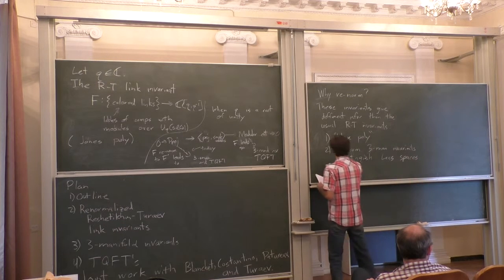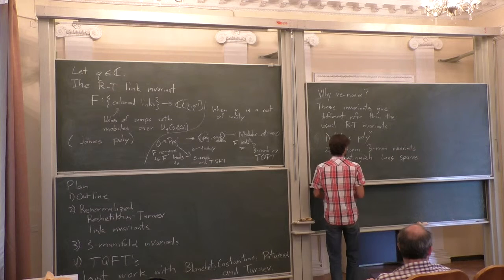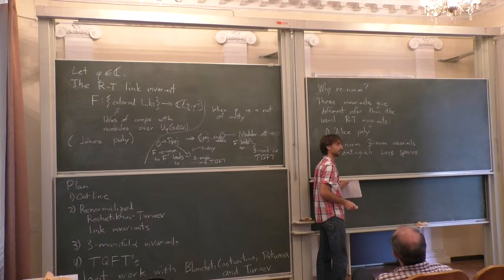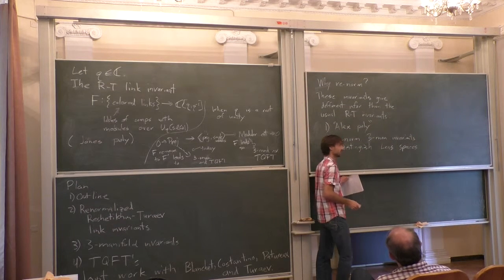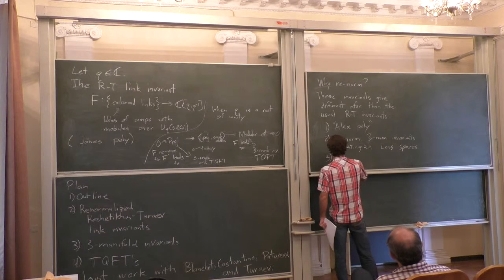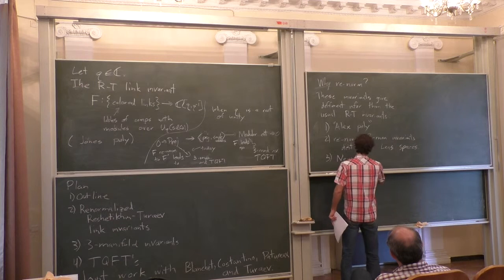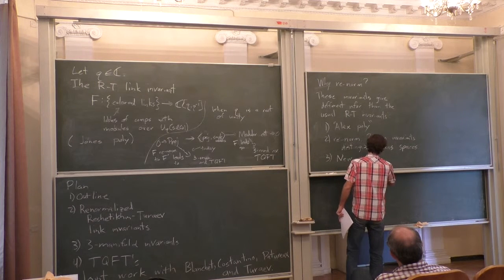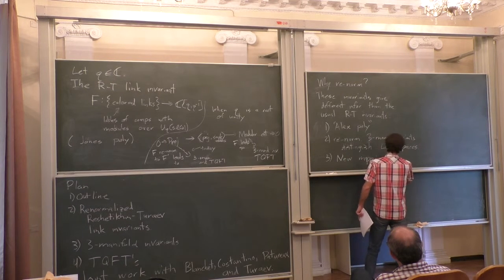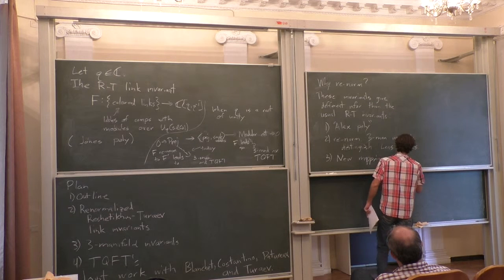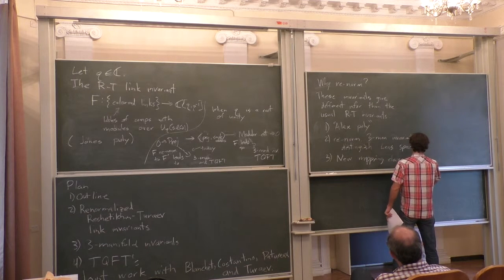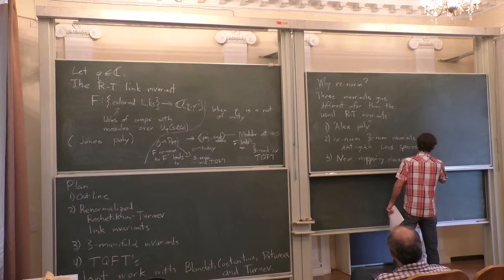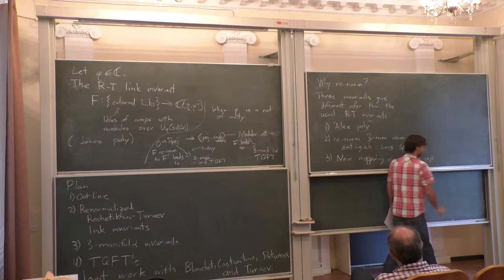For example, in dimension 3, these TQFTs give you information on mapping class group representations, with different kinds of properties.